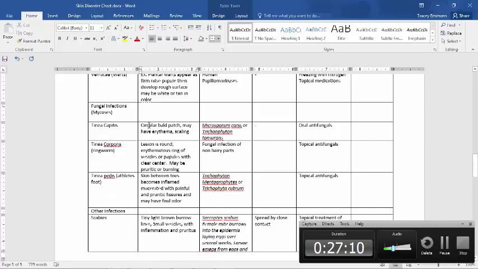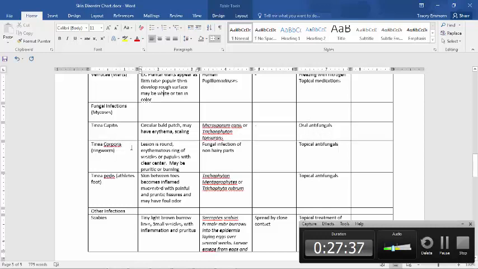Tinea capitis is where we have a circular patch of fungal infection on the scalp. Often has erythema, which is the redness, and scaling. It's caused by the fungus Microsporum canis or Trichophyton tonsurans. Okay, these are treated typically with oral antifungals.